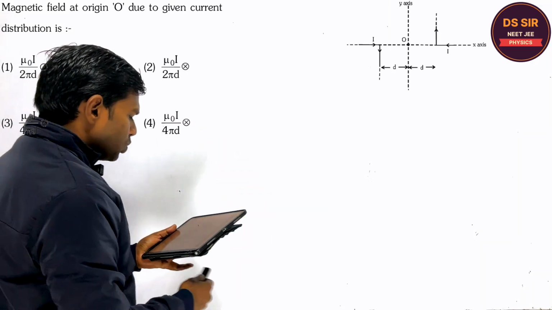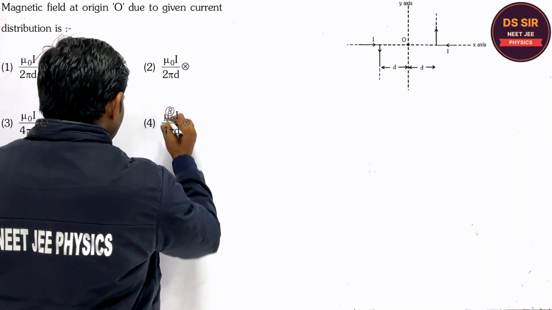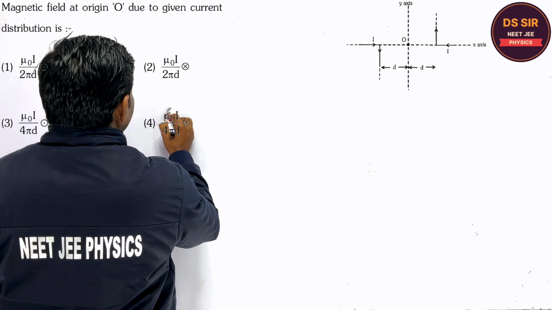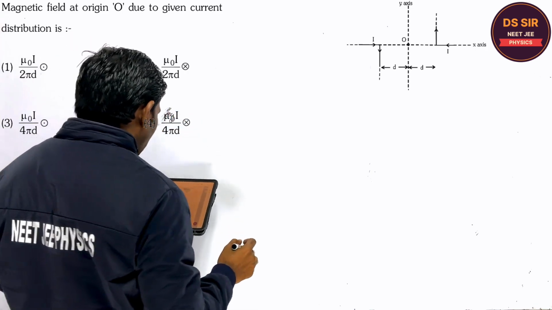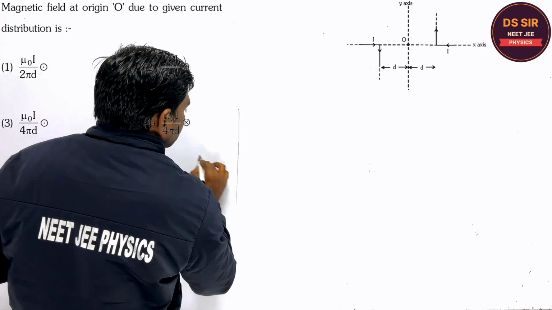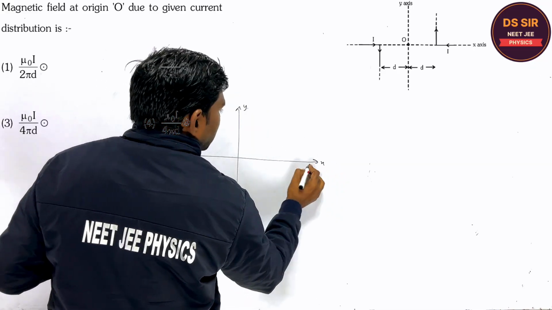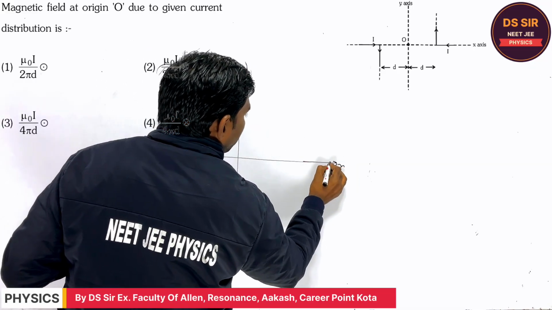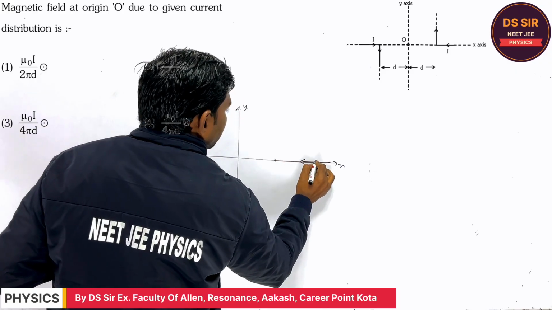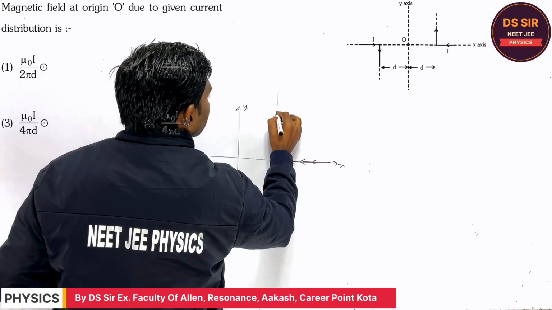Copy this. So read this question. In this question, write the magnetic field at origin O due to the current distribution. Suppose this is the x-axis, this is the y-axis. The current is coming from the x-axis like this, and it is going in this way.